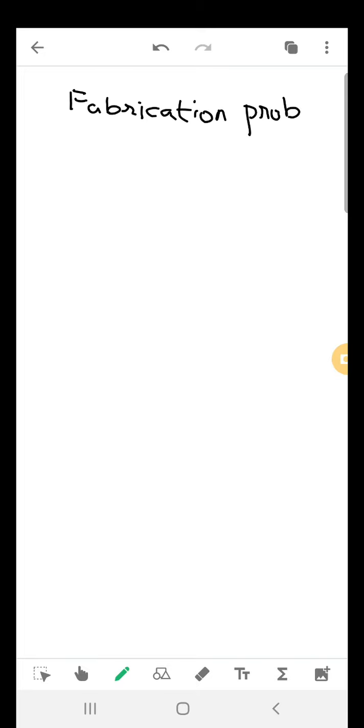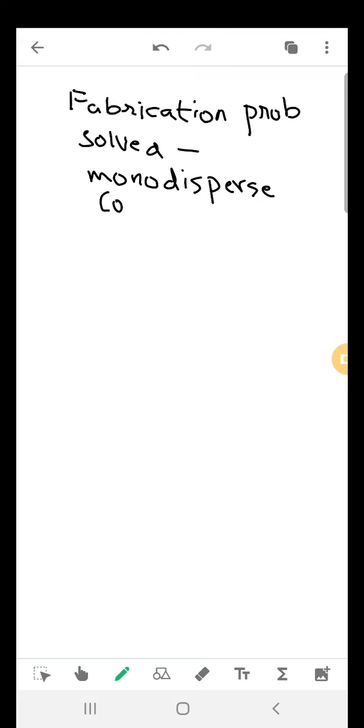So these fabrication problems have been looked into and solved with monodisperse colloidal synthesis.